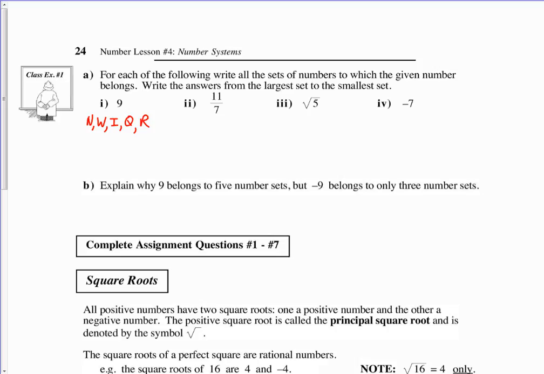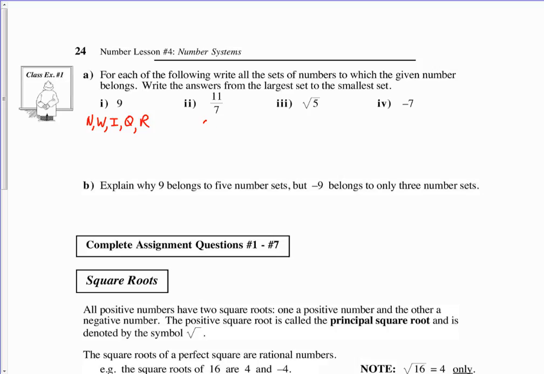Okay. 11 over 7. So right away I see a fraction. If you see a fraction, that excludes these 3 sets. Automatically, if it's a fraction, it's going to be either irrational or rational. That's it. Because these guys do not include decimals or fractions, right? So, is it rational or irrational? Rational.